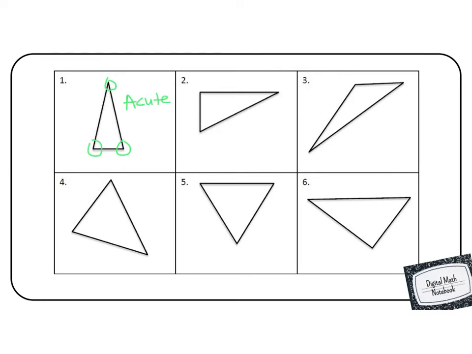The second one looks like it has a corner here, like the corner of a piece of paper, like 90 degrees. This one is acute, and this one is acute. But remember, we only need 1 right angle in order to call it a right triangle. Our third triangle has an obtuse angle, so we call it an obtuse triangle.